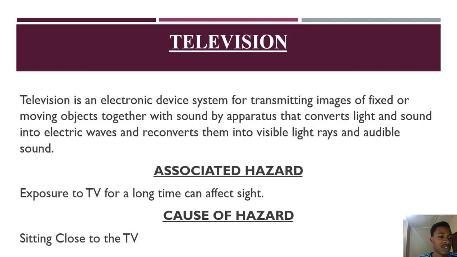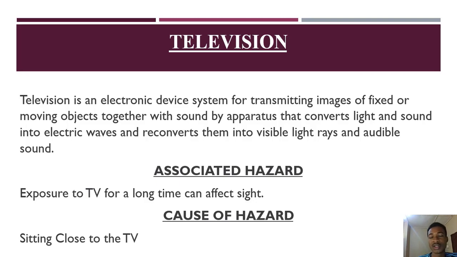There are some televisions that have high brightness and high contrast, so when we sit in front of them for a very long time, it can cause vision problems. That is how hazardous a television can be to an individual.